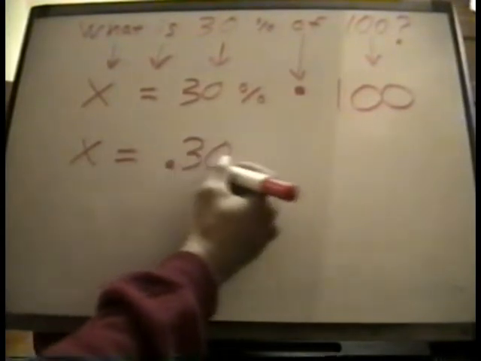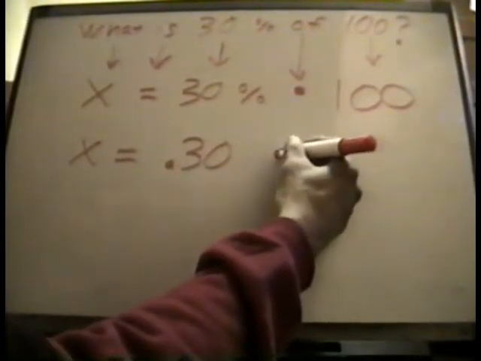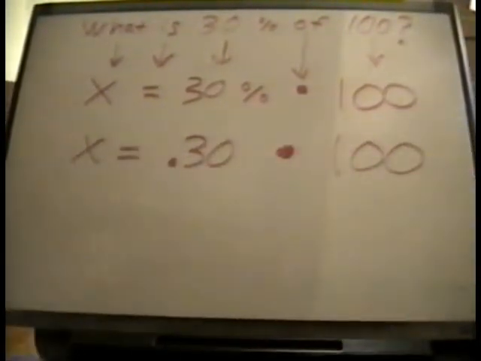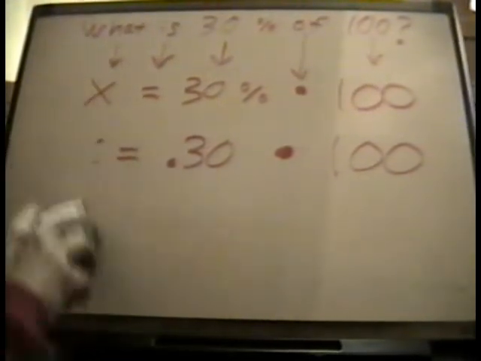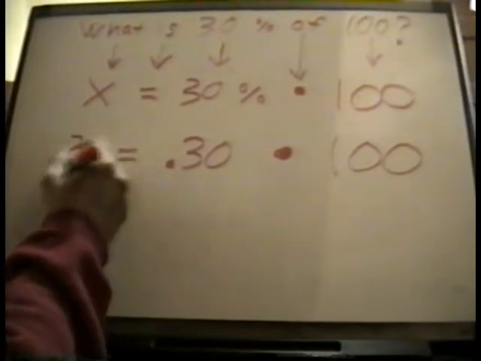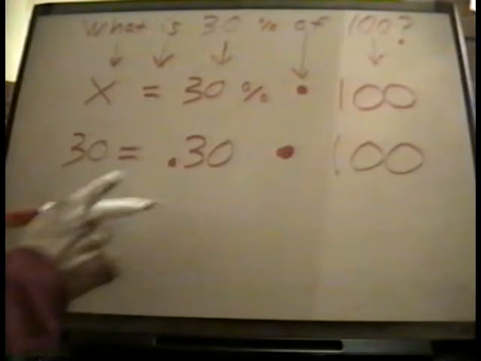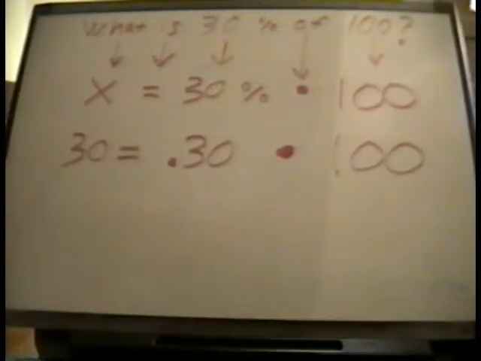So that becomes 0.30. 0.30 multiplied by 100 gives you 30. So x equals 30, or 30 is 30% of 100.